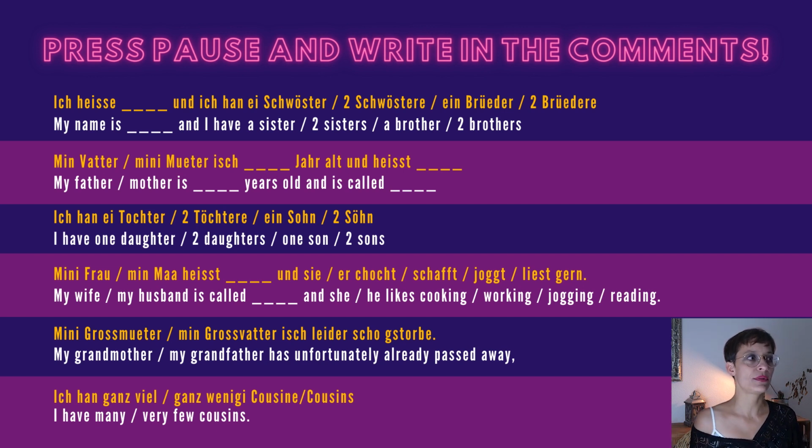So, for example, in my case, I could write: Ich heiße Andrea und ich habe einen Bruder. Mein Vater ist 74 Jahre alt und heißt Fritz. Ich habe eine Tochter.